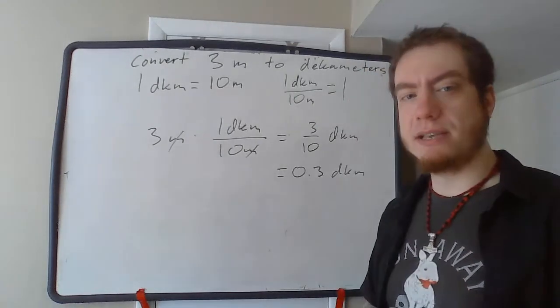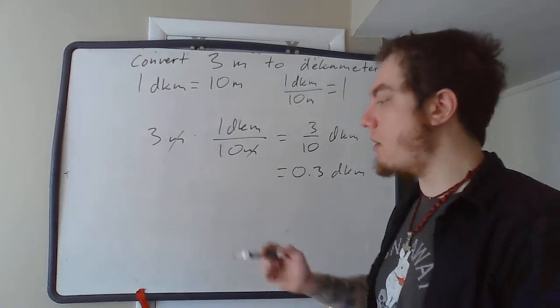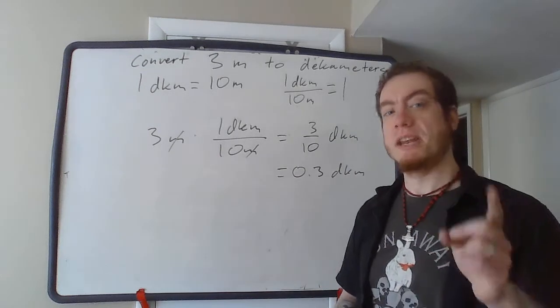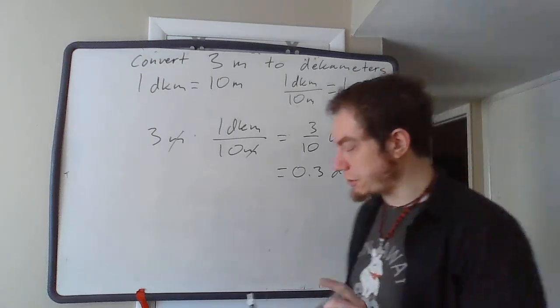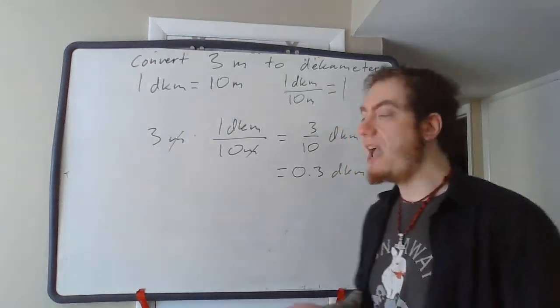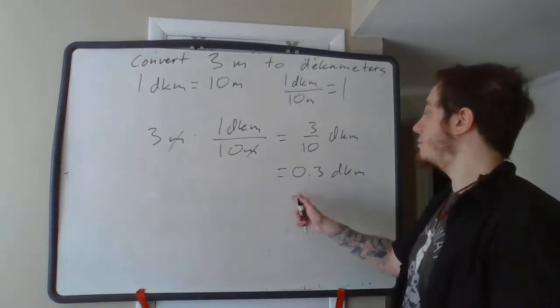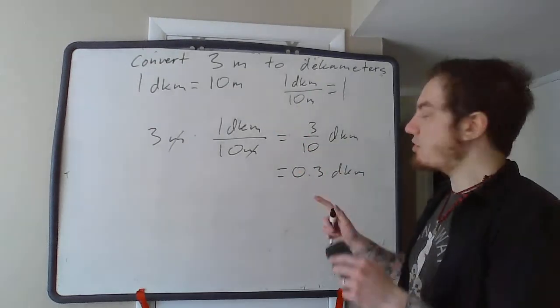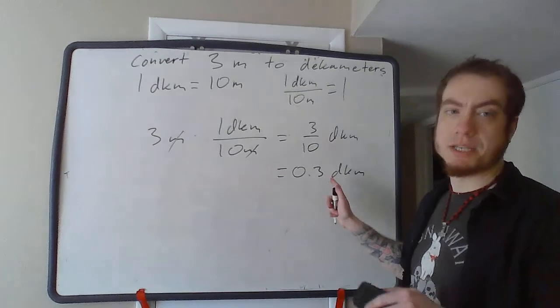One of the nice things about working in metric is that these prefixes just change things by powers of 10, which means that in a decimal system, changing the units by changing their prefix is just going to move the decimal point.